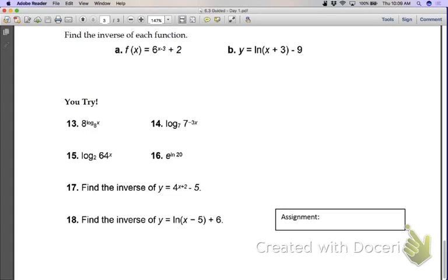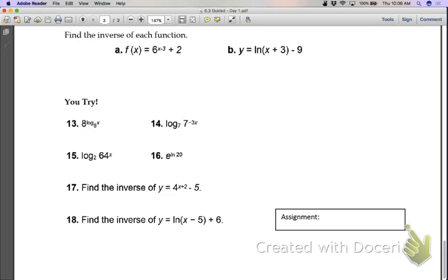If it starts as an exponential, it's going to turn into a log. If it starts as a logarithm, and we're finding the inverse, it's going to turn into an exponent. So there's your hint. If it starts as a log or a natural log, it's going to turn into an exponent.